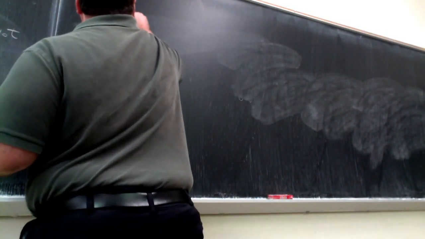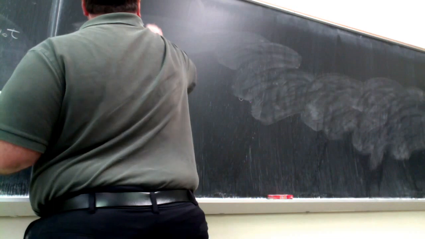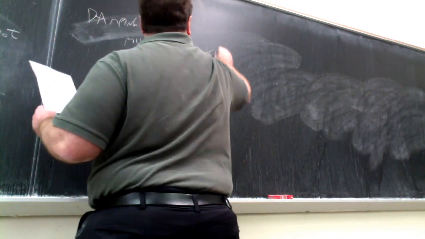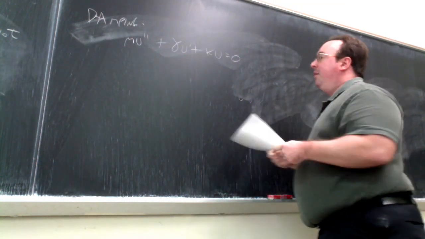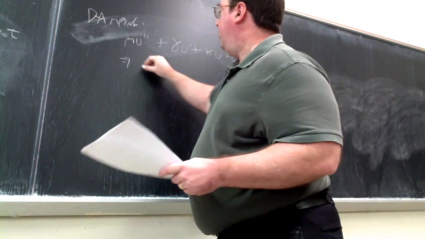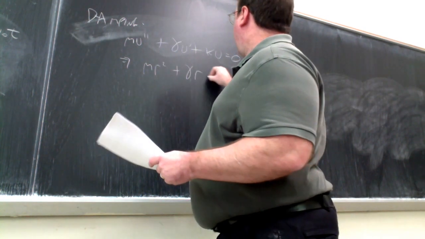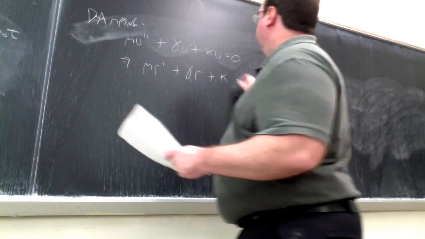Okay. So, if there's damping, your equation is m u double prime plus gamma u prime plus k u is equal to 0. We're still assuming no external force. So now your characteristic equation is m r squared plus gamma r plus k is equal to 0.